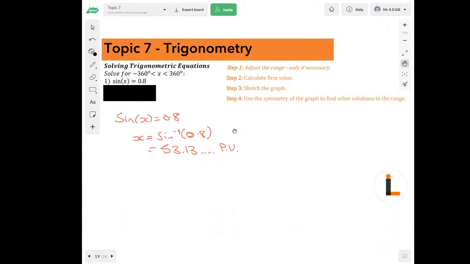And then what we want to do is use the rules of symmetry to work out the other values that would give us an answer of 0.8 if we applied the sine function to them. This time our range is from minus 360 to 360. So we're going to just draw our graph in here.